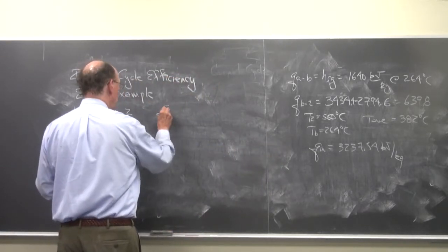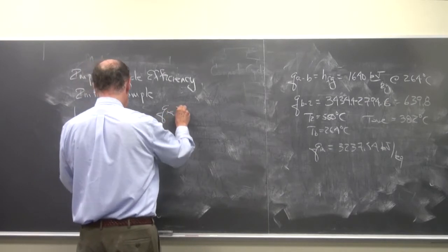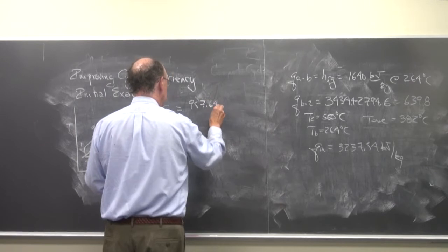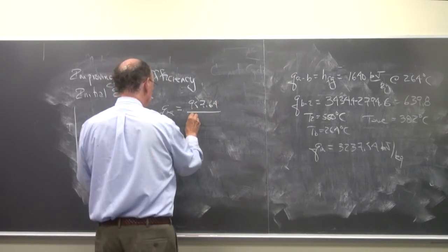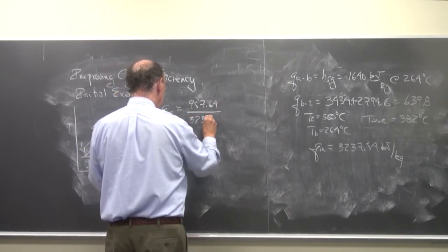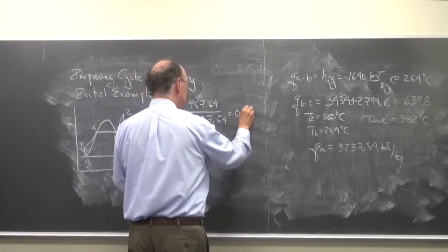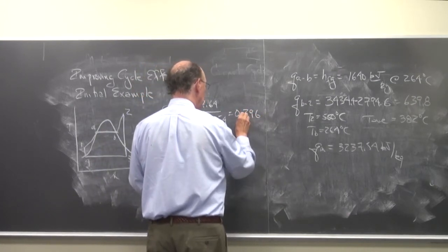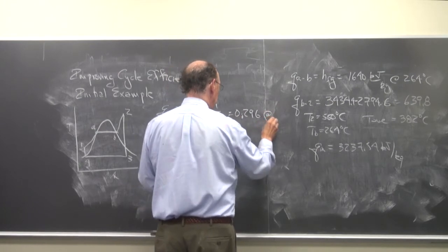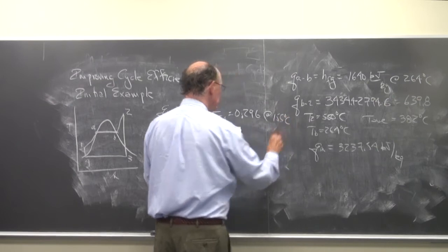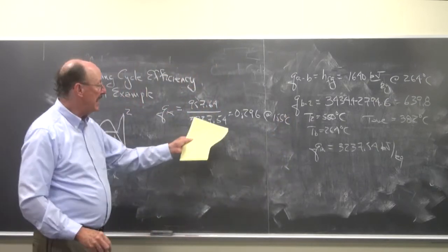So Q1A is equal to 957.64 divided by 3237.54, which is equal to 0.296 at 155 degrees C. So nearly 30% of the heat is added at this temperature.